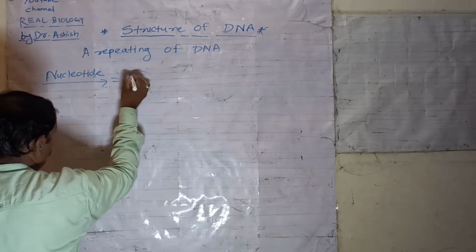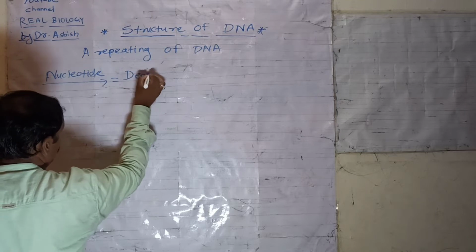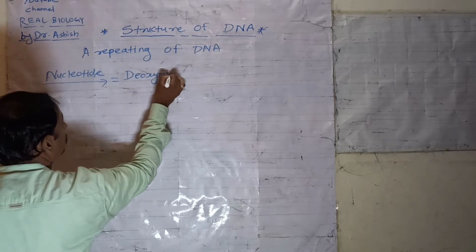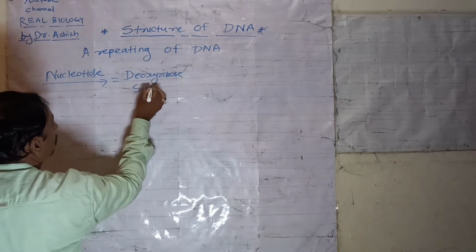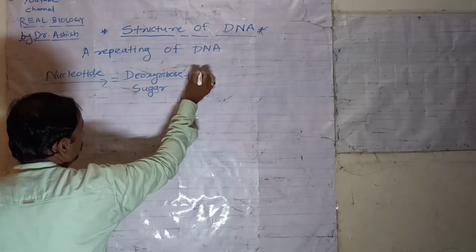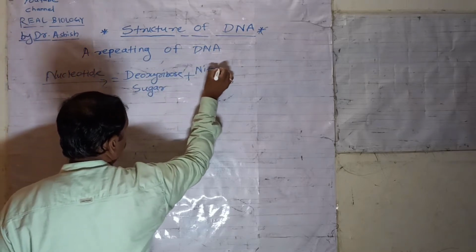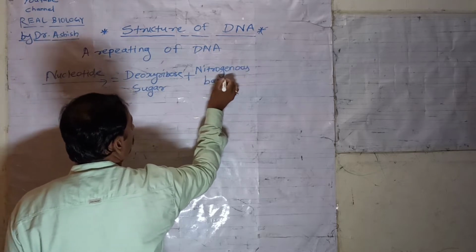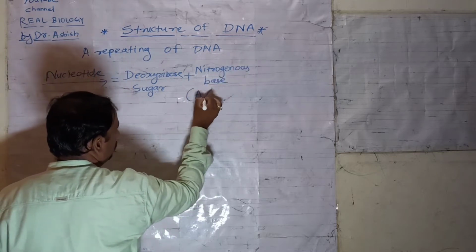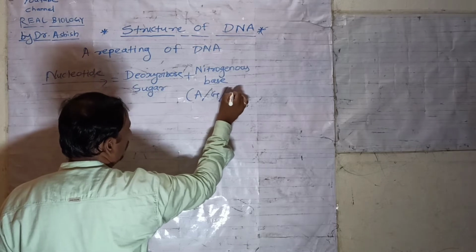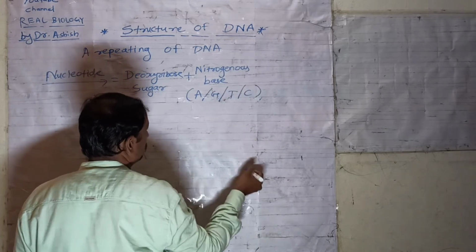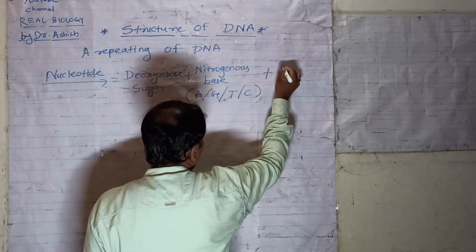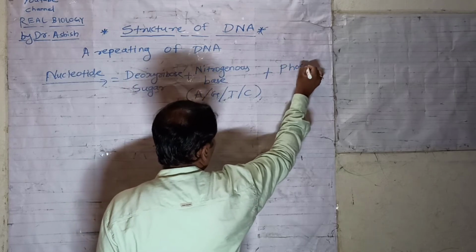Basically, it contains deoxyribose sugar plus a nitrogenous base, either adenine or guanine or thymine or cytosine, plus a phosphate group.